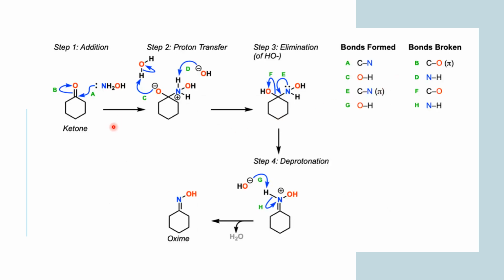At first, the ketone is going to react with the hydroxylamine as shown here. The nitrogen atom is going to attack at the carbonyl, which will lead to the formation of this oxyanion, which will then take up a proton from the water molecule present in the system to give us this hydroxylamine as the intermediate.